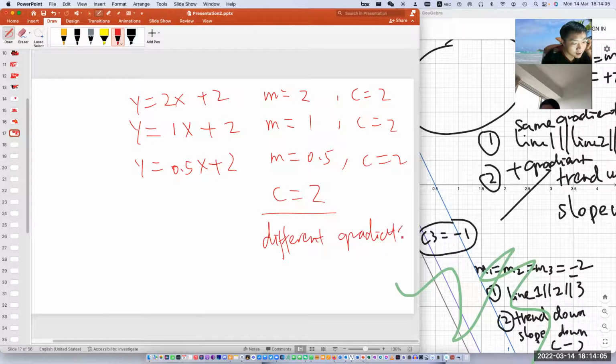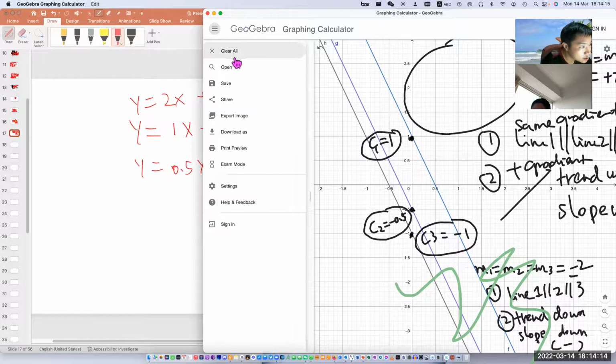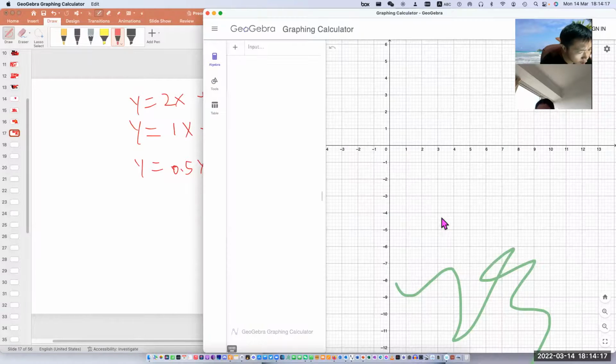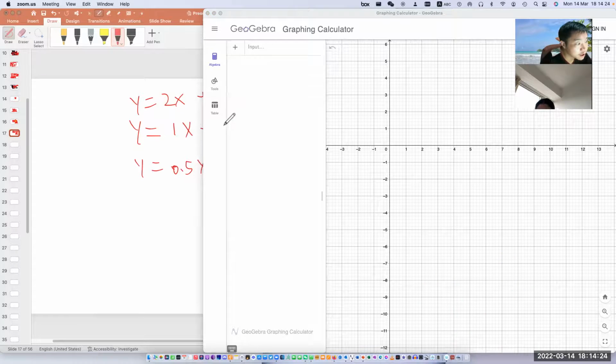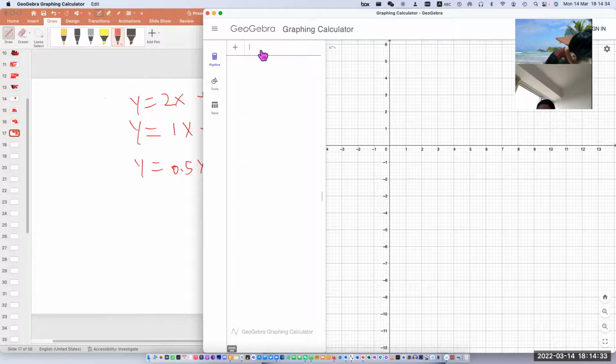And let's see how different gradients affect the graph. All right, so let me just clear all. That's why I say this tool is very, very helpful, especially when you need to see the impact of a few equations. So just key in y is equal to 2x plus 2 first.